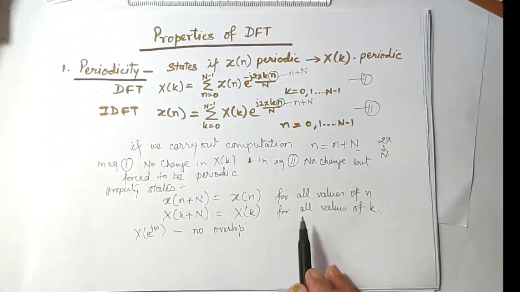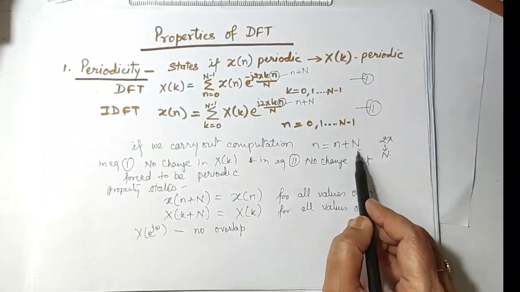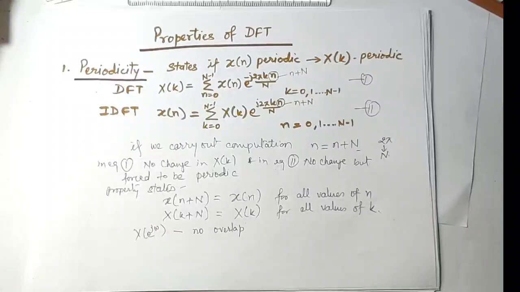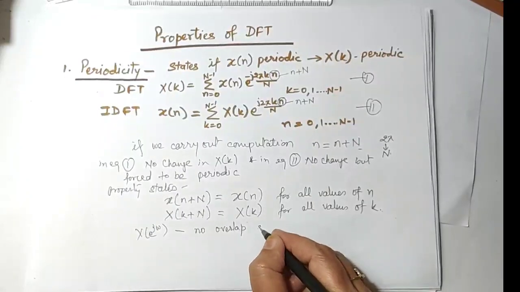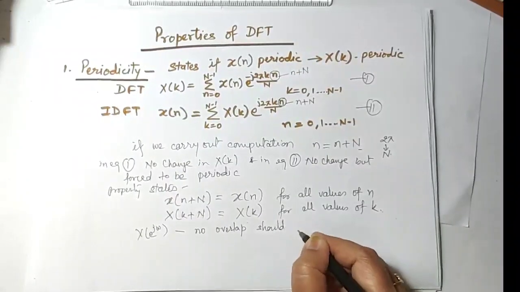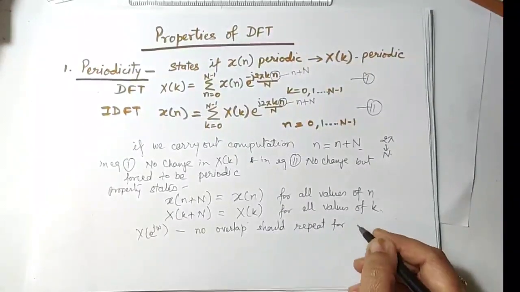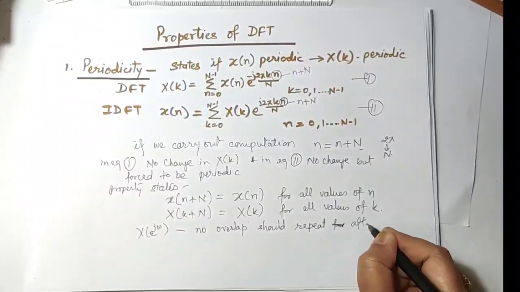Just because we are making it periodic. When n is equal to n plus N, it means the repetition of X(e^jω) is there for N samples, so it should repeat after N samples.